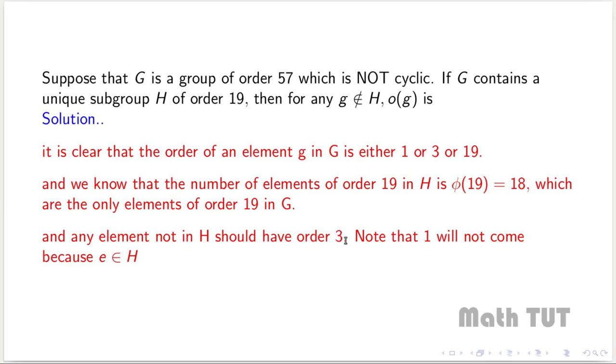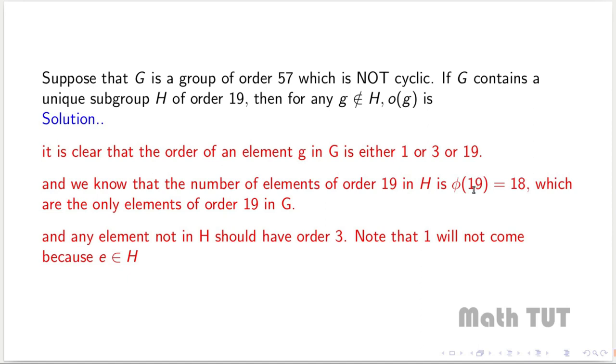Here I said that the number of elements of order 19 is phi of 19, which is equal to 18. You know that 19 is a prime number, and every group of prime order is cyclic. There is a result in cyclic groups that if d is a divisor of the order of the group, the number of elements of order d is basically phi of d.